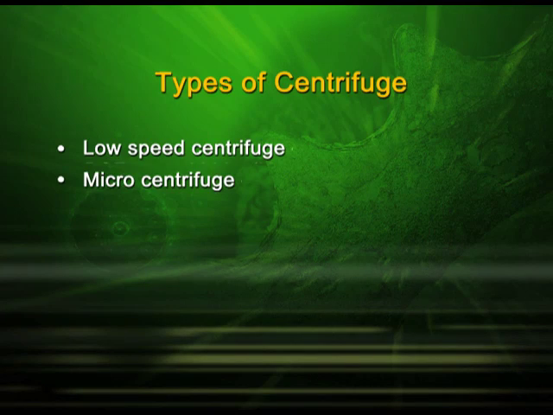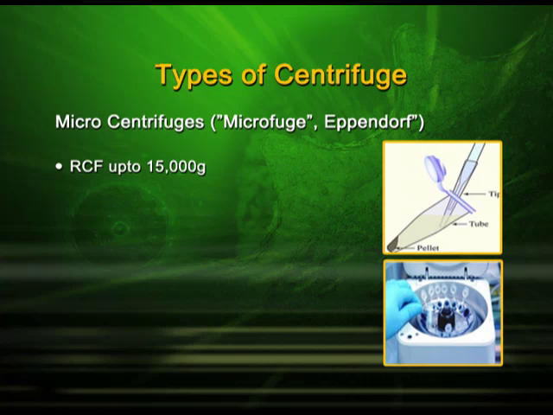The second type of centrifuge is the microcentrifuge. As the name itself indicates, if you have samples in very minute quantities in microliters, then we go for this centrifuge called microcentrifuge. Most commonly it is used in the biochemical and biotechnology labs, and it can have an RCF up to 15,000 G. It can be with or without refrigeration.